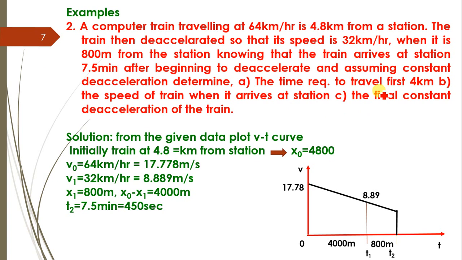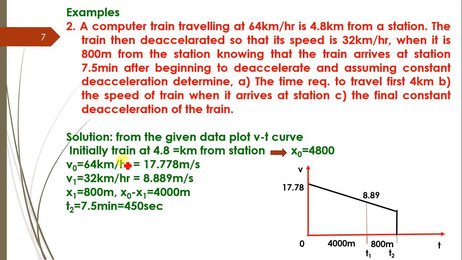Now again this problem can be solved by using the motion curves. Here the speed of the train is mentioned with respect to time. On the x-axis I am taking the time interval 0, t1, t2, and on the y-axis I am taking the velocity of the train.